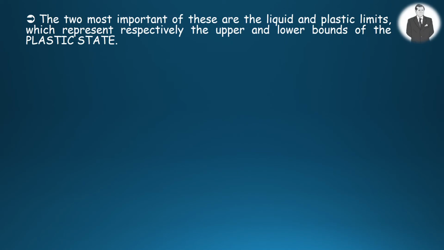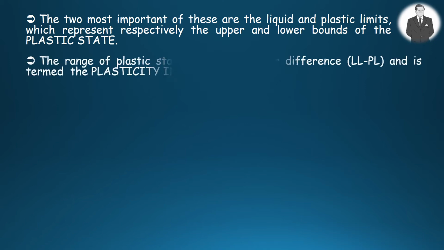The two most important of these consistencies are the liquid and plastic limits, because they represent the upper and lower boundaries of the plastic state. In addition, the range of plastic state is defined by their difference and is called the plasticity index.